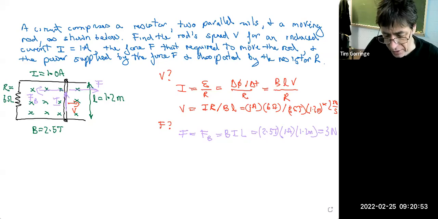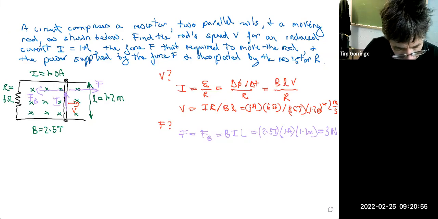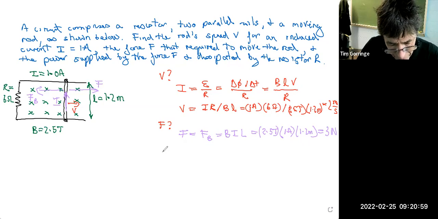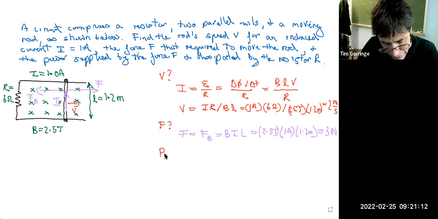They're equal-sized, opposite directions. Finally, we're going to calculate the power that is supplied by my force. So I'm going to write that just P, maybe I'll put a subscript F on it, the power supplied by my force.